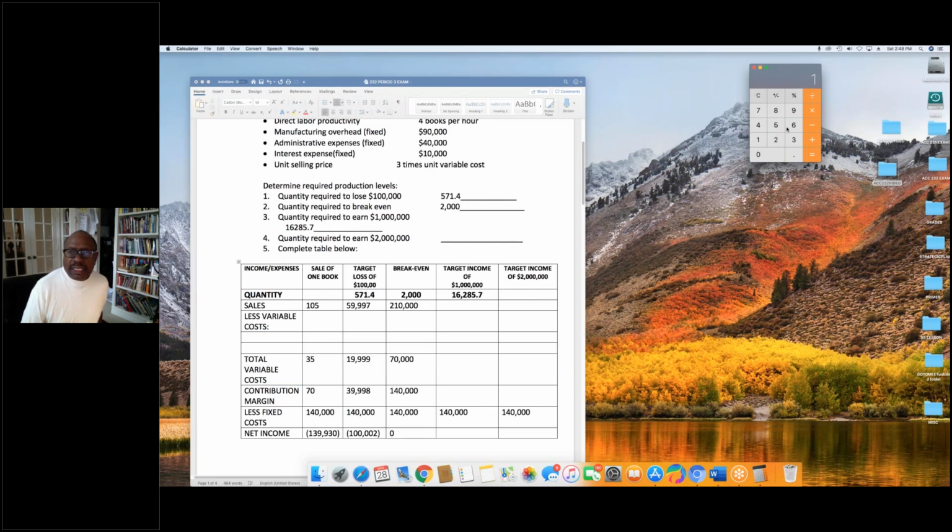And I'm going to take the 16,285.7 times the 105. And that's going to be approximately 1 million. Cleared it out too quickly.